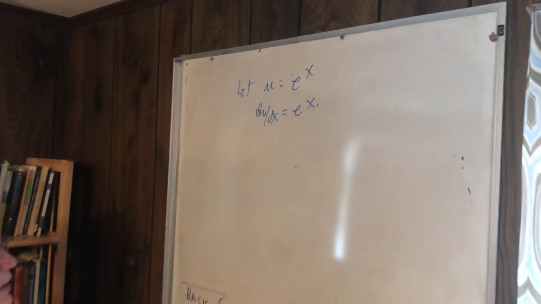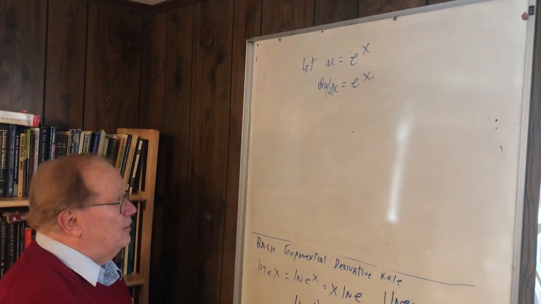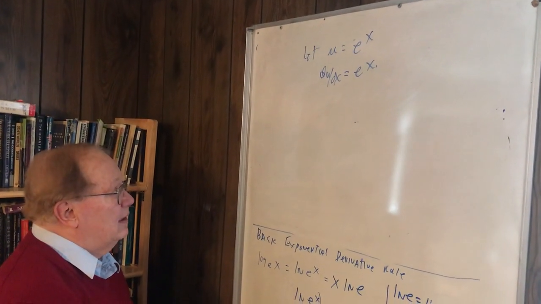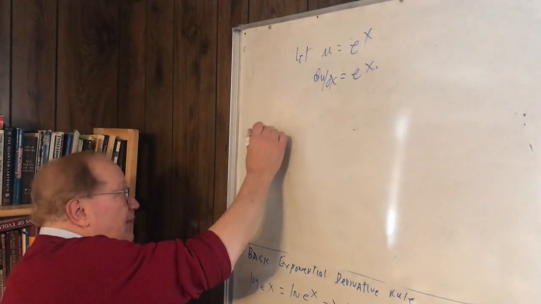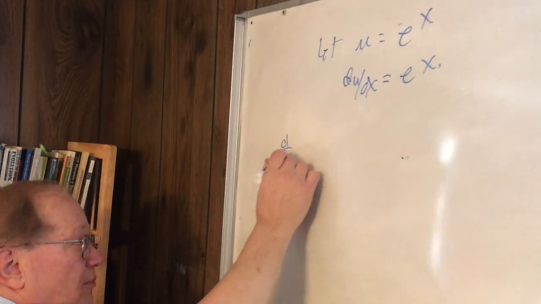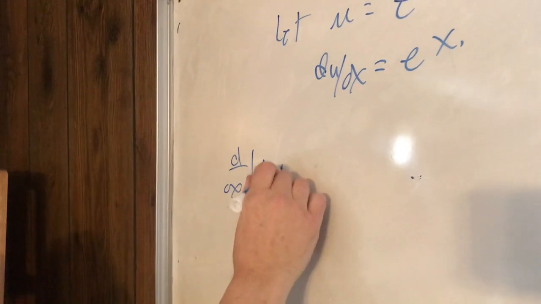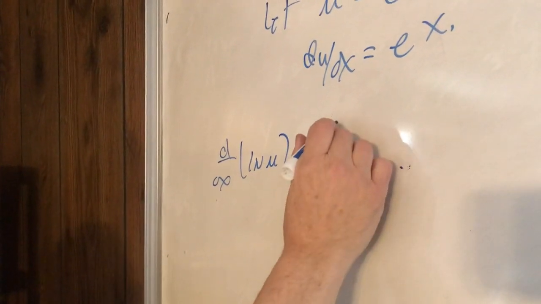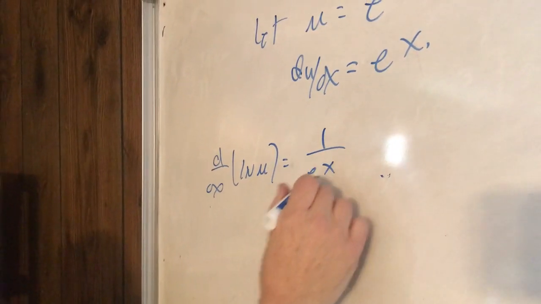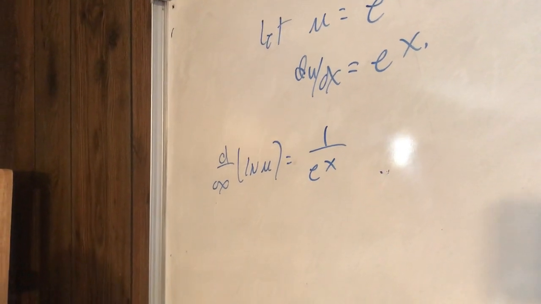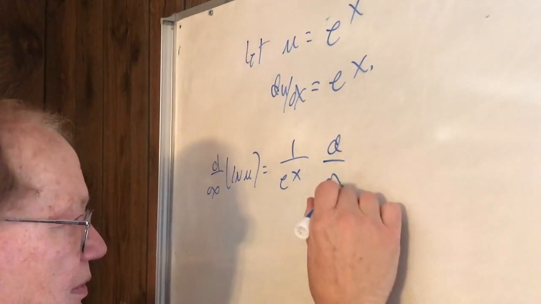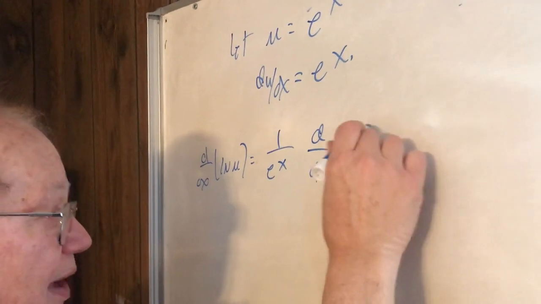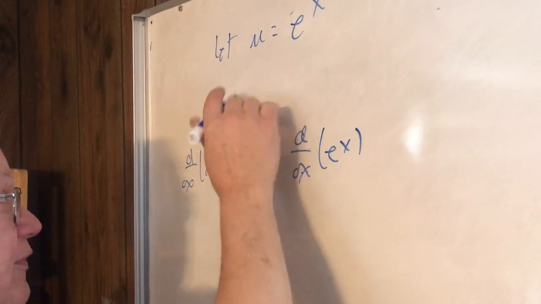Okay, so if u is e to the x, therefore the derivative of my log of u is going to be 1 over e to the x, times d dx of e to the x, because I'm going to pretend that I don't know what this is.